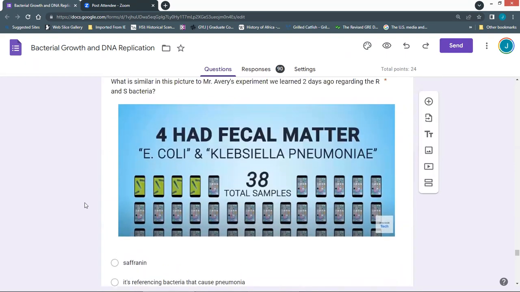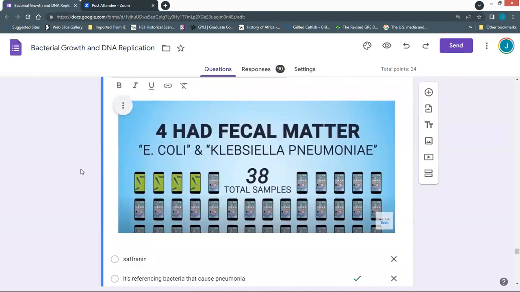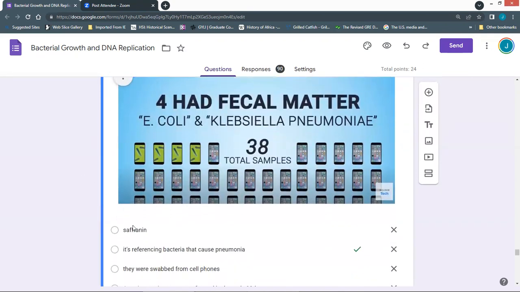Continuing on, the fecal matter question. So yeah, we had Klebsiella pneumoniae, not Klebsiella bacillus. And what is similar in this picture to Mr. Avery's experiment that we learned about 2 days ago regarding RNS bacteria? It's referencing bacteria that cause pneumonia.